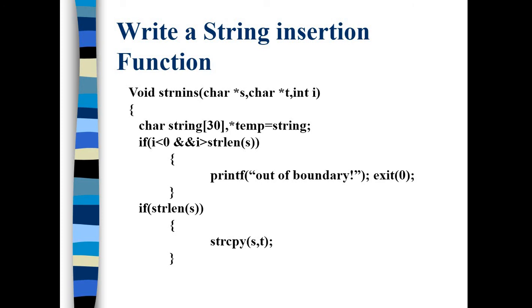So there is a small mistake in this slide. If not string length of s, then we simply copy string t to s, because the string where we want to insert is like an empty string, so simply we will copy that string.